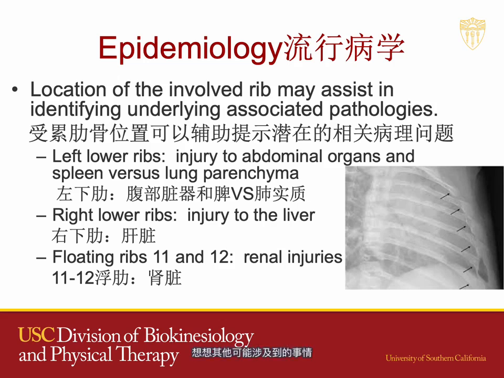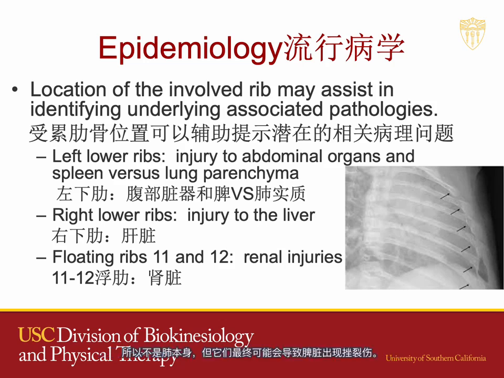Thinking about other things that might be involved. Again, if it's a bad enough fracture, they may choose to do surgery, because we're looking at, are there other organs that might be affected by the rib? For instance, if the left lower ribs have a fracture or an injury, then there could also be an injury to different organs like the spleen.